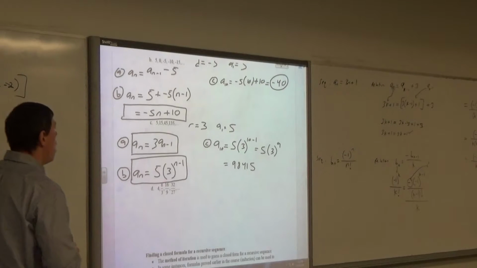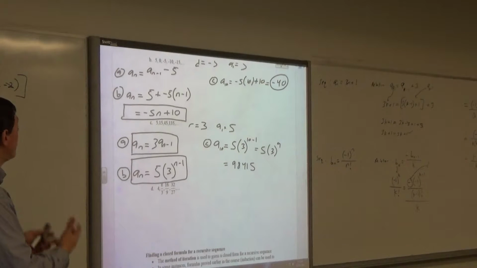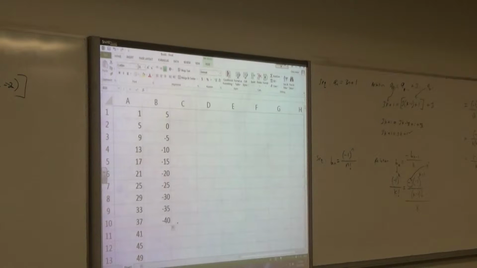Now, let's see whether or not this actually works, if it actually gives us the iteration that we need. So, we'll do it recursively. We'll start out with our initial value, which is 5, right guys? And then to get to the next term, we multiply by 3. So it's c sub 1 times 3, and let's just drag it down to the 10th term. 98415.